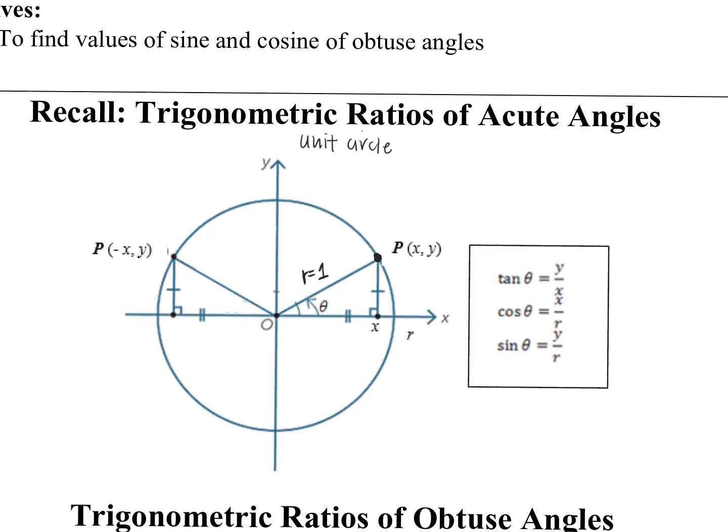If I have a point on a circle, I will have the x and y coordinate. So remember, SOH CAH TOA only works with a right angle triangle. So we always draw a right angle triangle from whatever point we choose on the circle. So this is the right angle triangle, and this is the angle that is formed.